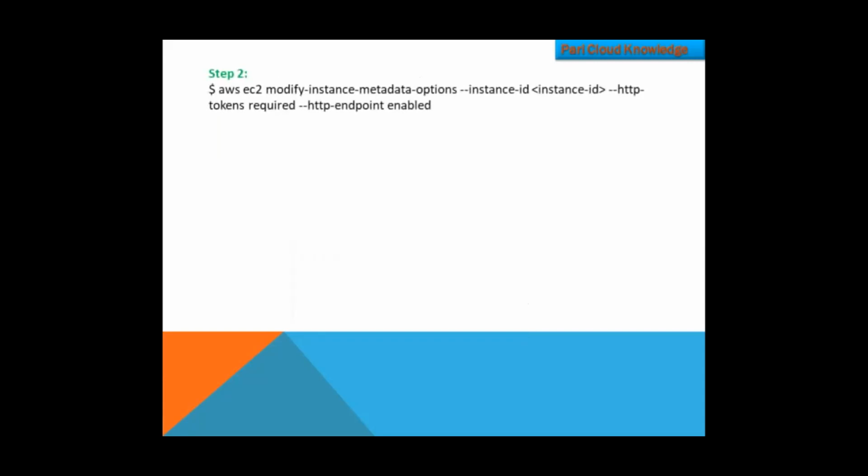Step 2: type aws ec2 modify-instance-metadata-options, then --instance-id, then paste the instance ID, and --http-tokens required, then --http-endpoint enabled.